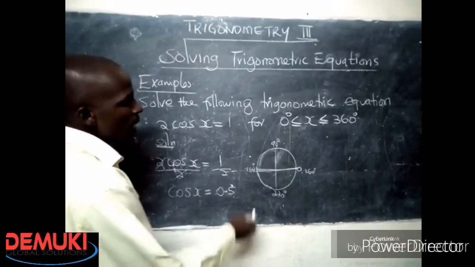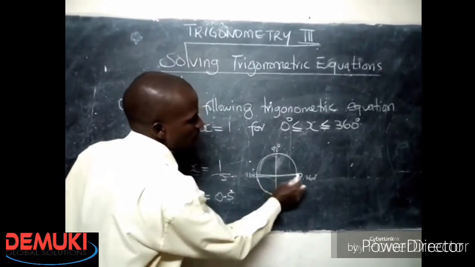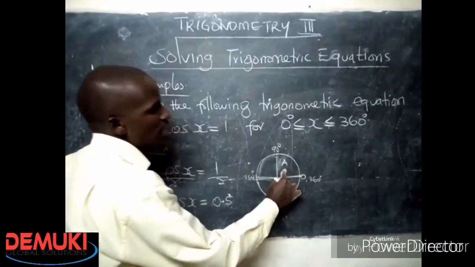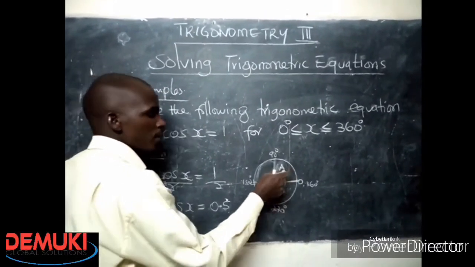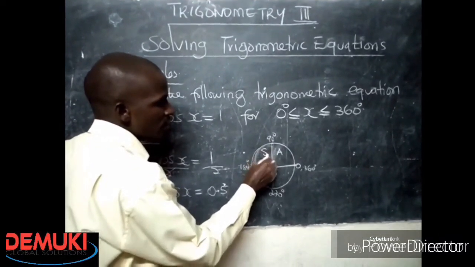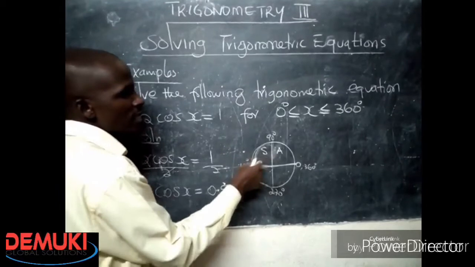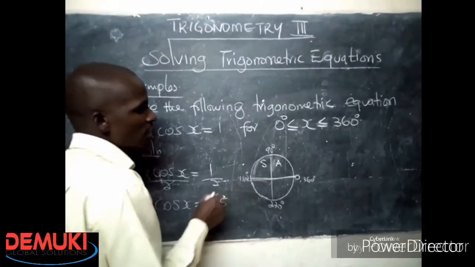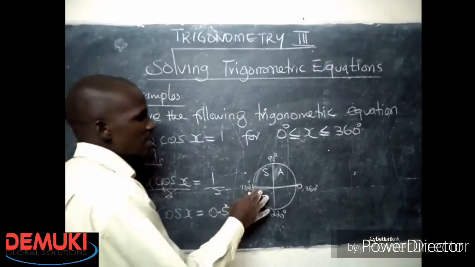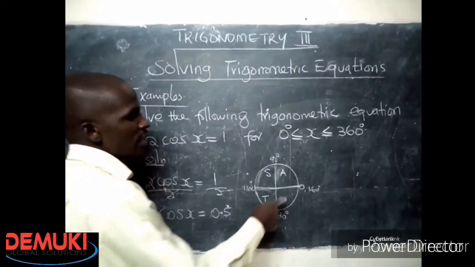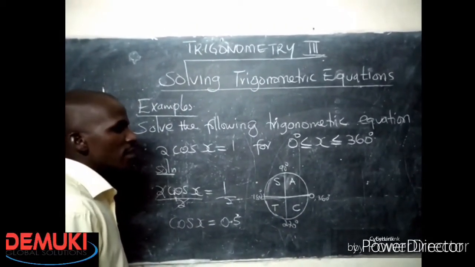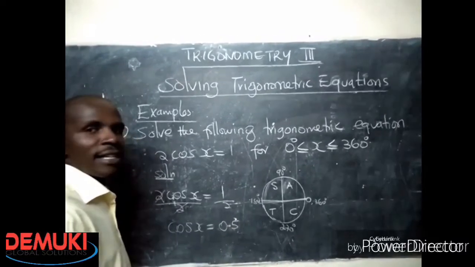In the first quadrant, all sines, cosines, and tangents are positive. In the second quadrant, sines are positive, and cosines and tangents are negative. In the third quadrant, tangents are positive, and sines and cosines are negative. And in the fourth quadrant, cosines are positive, and sines and tangents are negative.